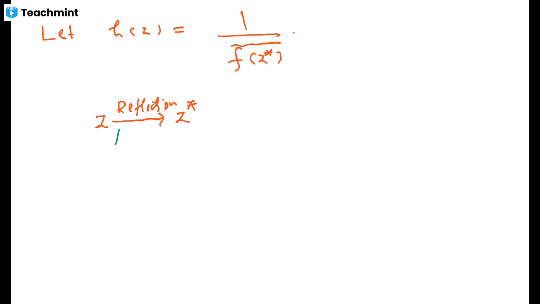Then we are applying f over this z star. Whether it is conformal or not, that is something that needs to be discussed. And then we are taking the conjugate, another map.